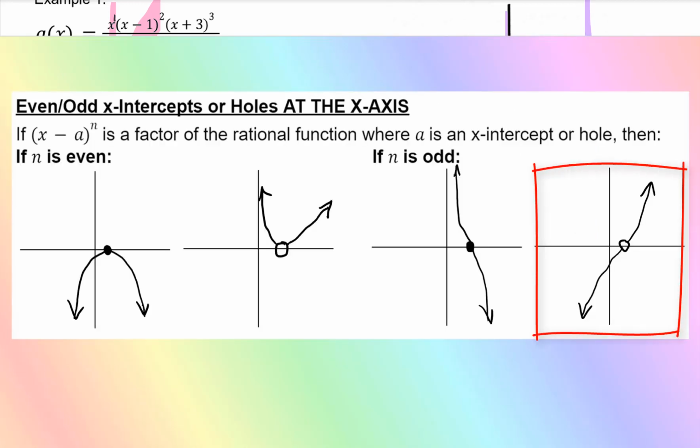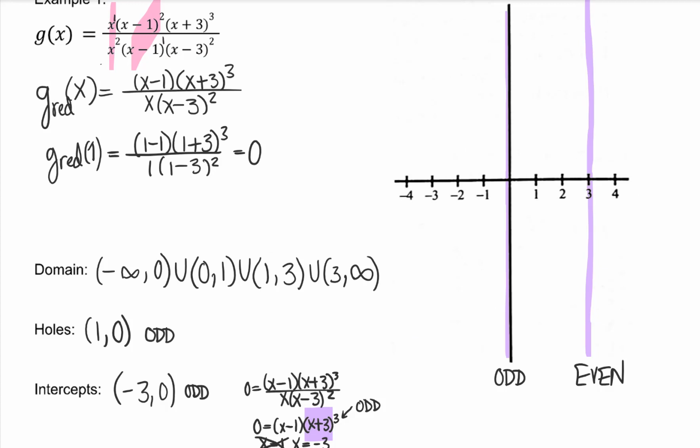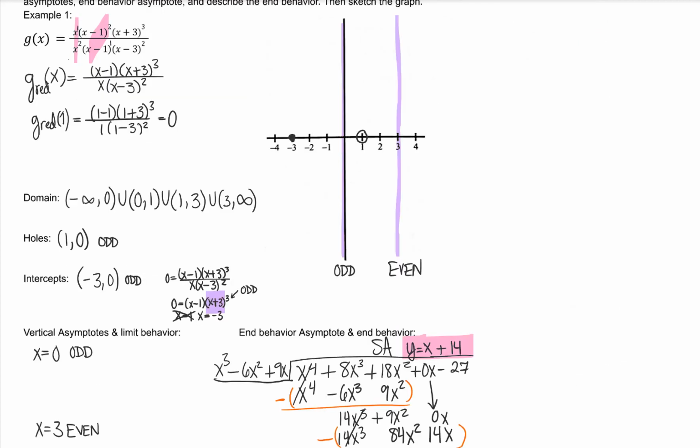The graph will cross through the hole, of course not defined at 1, 0. It will not just touch the hole, it will cross through it. So my x-intercept is at -3, and my hole is at 1, 0. And our slant asymptote is at y equals x plus 14. But remember that horizontal or slant asymptotes only determine end behavior. They do not determine behavior close to the vertical asymptotes.